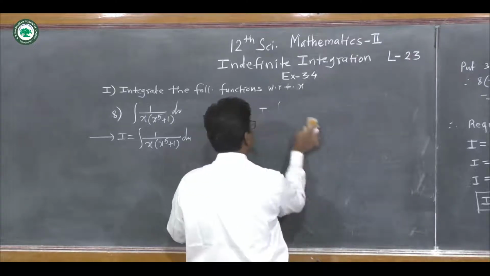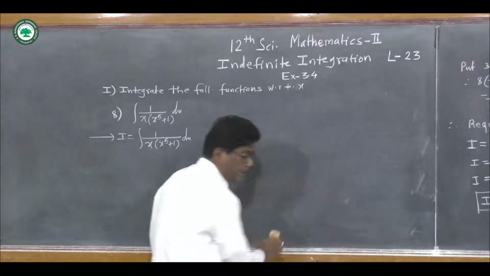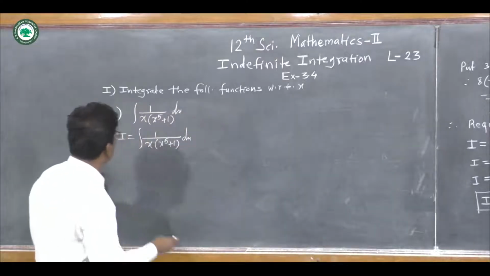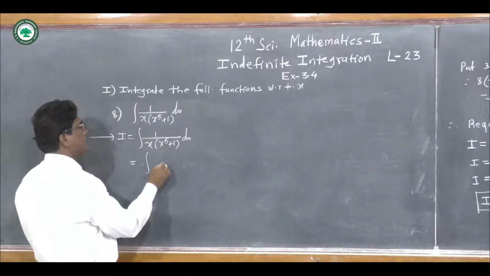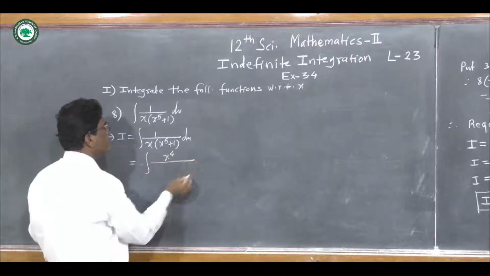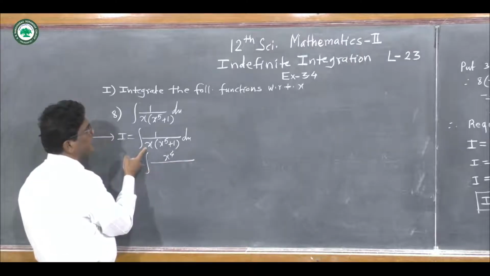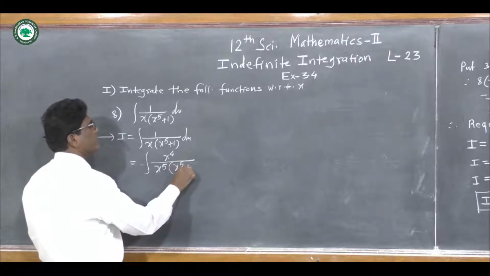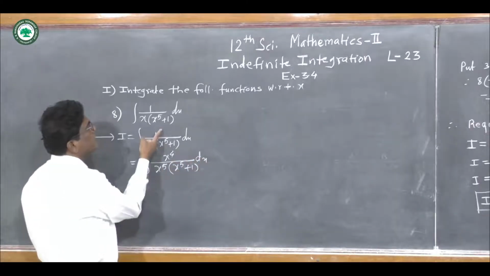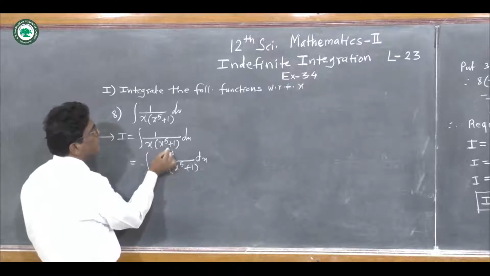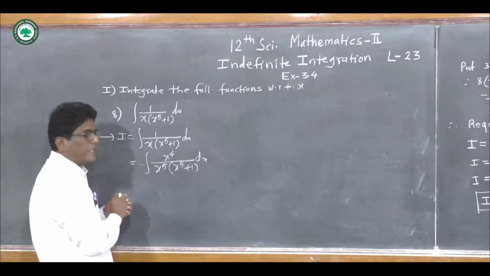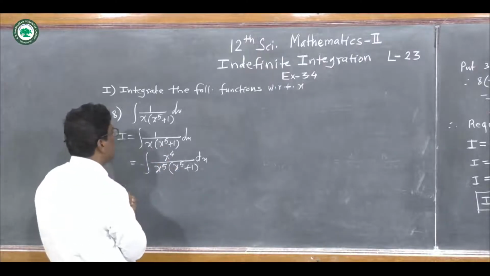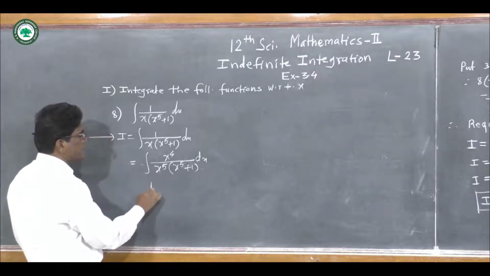Now we multiply numerator and denominator by x to the power 4. So we get 1 into x to the power 4, that is x to the power 4, and x to the power 4 into x, that is x to the power 5, into x to the power 5 plus 1 dx. Here we multiply numerator and denominator by x to the power 4. And now we put x to the power 5 is equal to t.